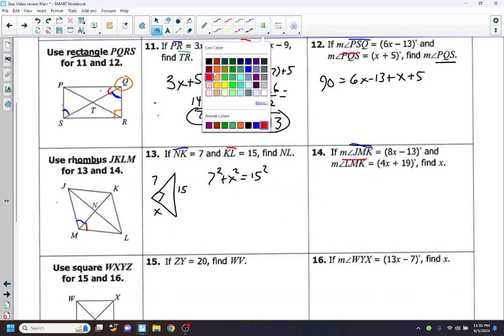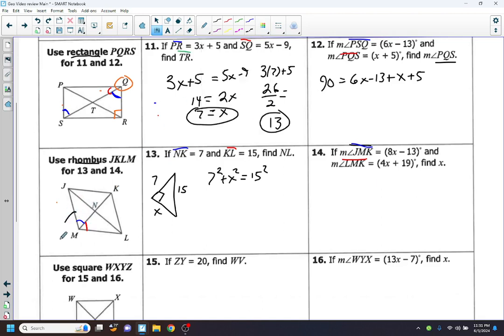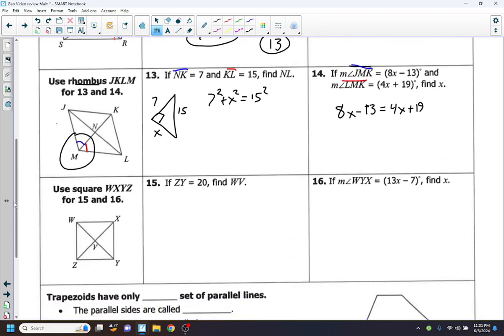Now, another special fact about rhombuses is that if a diagonal bisects the angle, these two angles are congruent. They're cut in half. So the angle is bisected, which means I know the blue and the red are equal to each other. If they are equal, algebraically I can set them equal to each other. So 8x minus 13 equals 4x plus 19. You can do the algebra to figure that out.